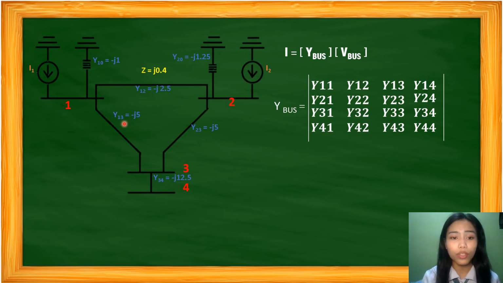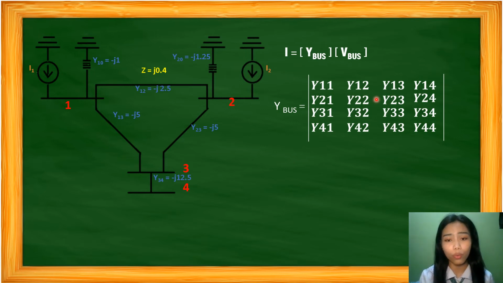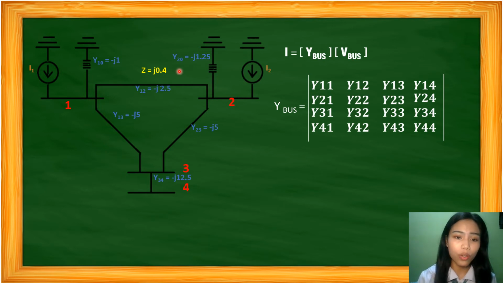The summation of those three is equal to y11. Similarly for y22, which is the sum of the admittances connected to bus 2. Here we have bus 2, and the admittances connected to bus 2 are y20, y12, and y23.